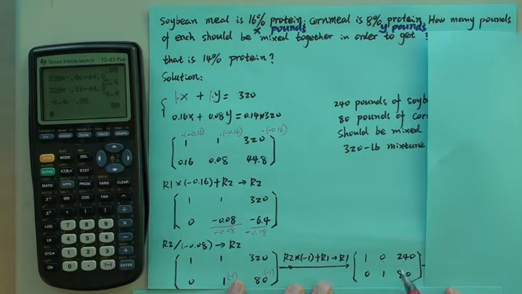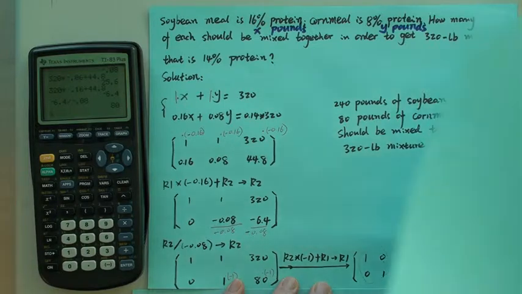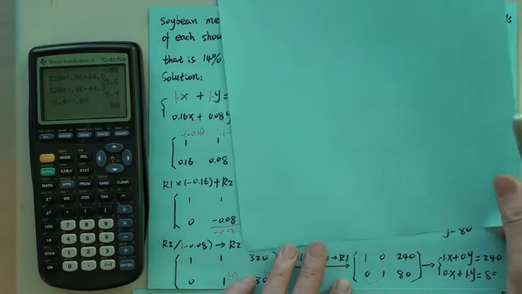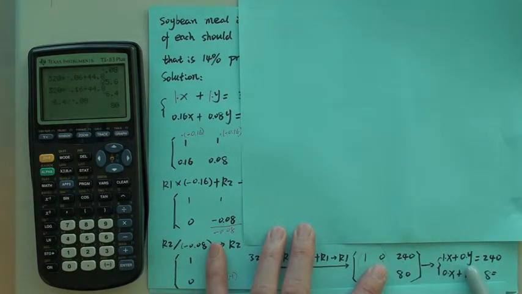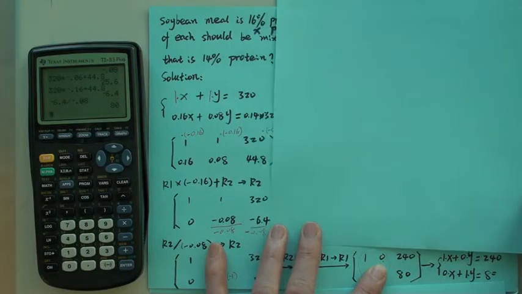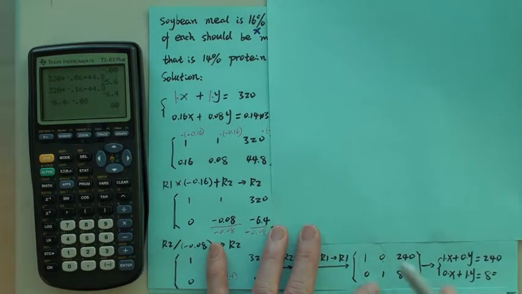Now, up to this far, remember, we have the identity matrix. We can write it back as equations. You see 1 times x, 0 times y, and 240 is on the right. Down here, 0 times x, 1 times y, equals 80.